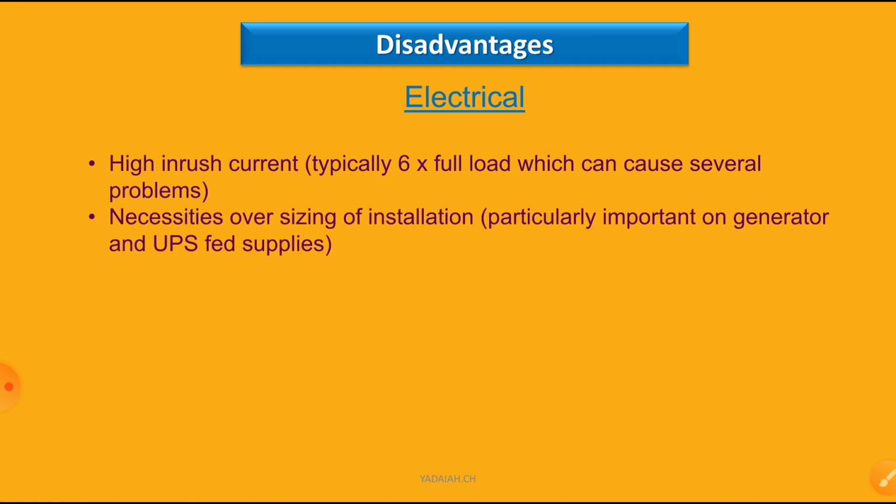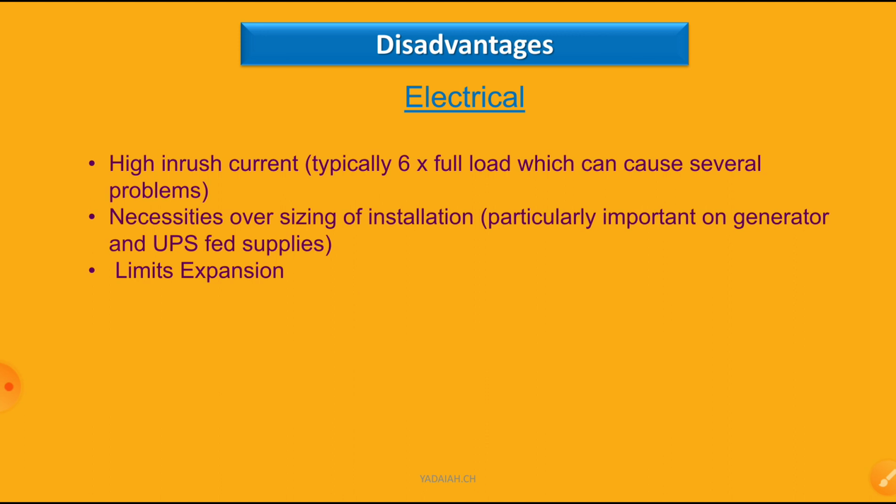Second one is the necessity of oversizing of the installation. The sizing is particularly important on generator and UPS fed supplies, so some oversizing of the installation is required. Another one is that the insulation value is also required to withstand this temperature.